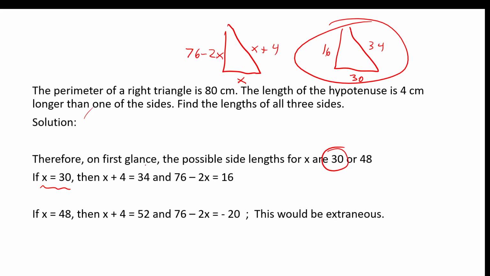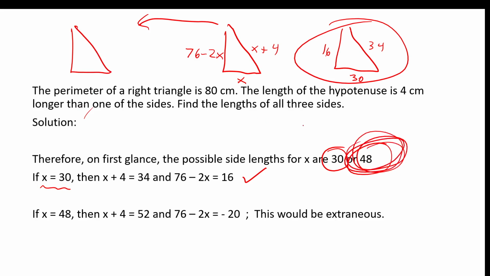But now, what if we let x be 48? Well, let's do the exact same triangle. This time we'll do it on this side. If we let x be 48, then this x here is 48, and this x plus 4 here is 52.